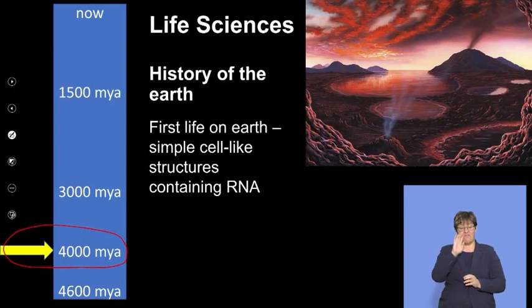About 4,000 million years ago, the first life on Earth came into being. These were simple cell-like structures, not even proper cells, and they didn't contain DNA, they contained RNA, but they were alive.